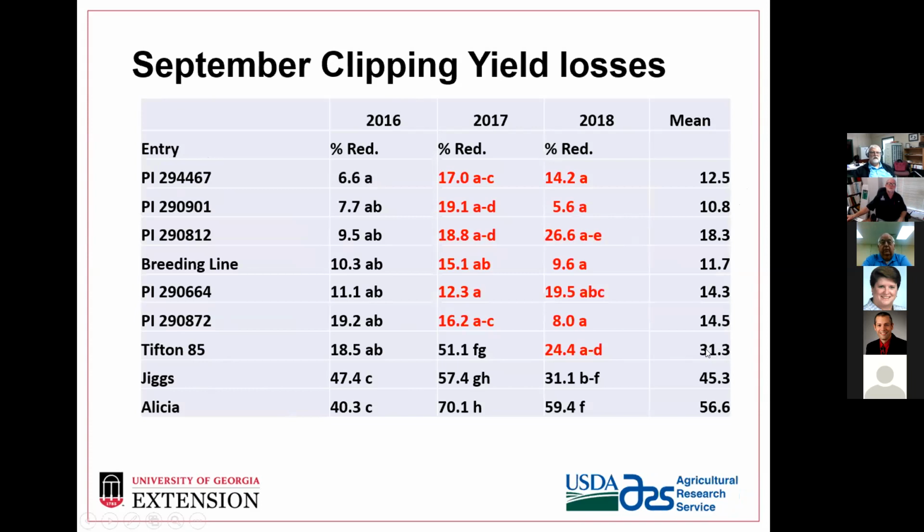So even Tifton 85 suffered a 30% loss with frequent herbicide or insecticide applications, but Jigs and Alicia a much greater loss. But some of the plant introductions and a breeding line, losses in comparing sprayed to unsprayed were generally less than 20%, and some approaching only a 10% loss, thus demonstrating considerable tolerance.